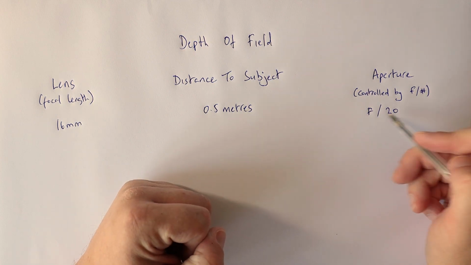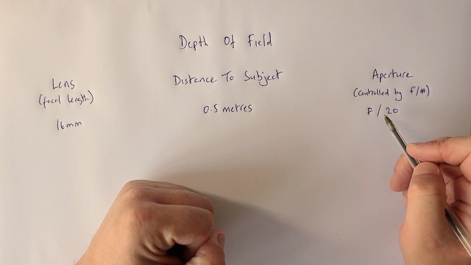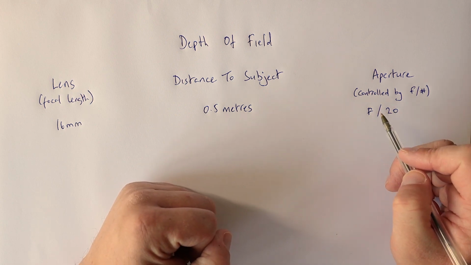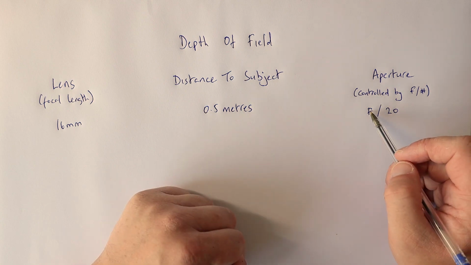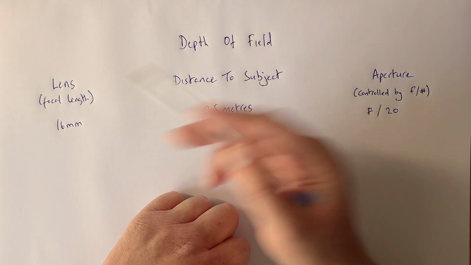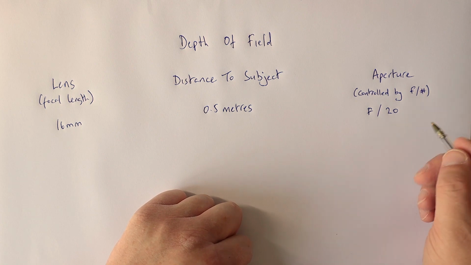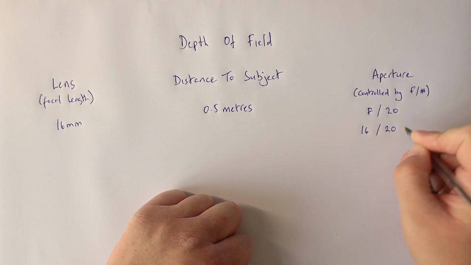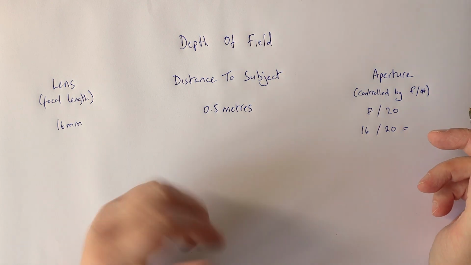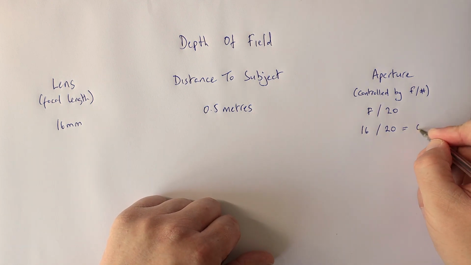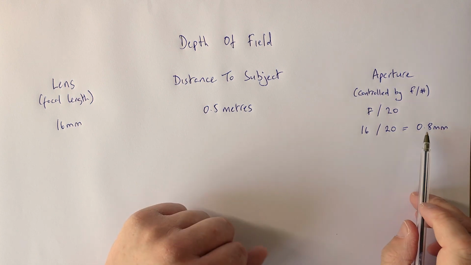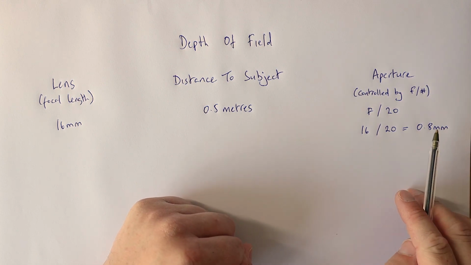This is a mathematical formula, and we have a division sign and 20, so we just need to know what the F represents. The F represents our focal length, which is 16 millimeters. So another way to write this would be 16 divided by 20. And we can add an equals on the end, and we know that that is going to be 0.8 millimeters. So that is the size of our aperture.